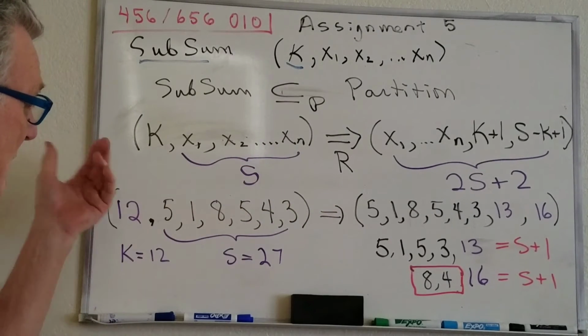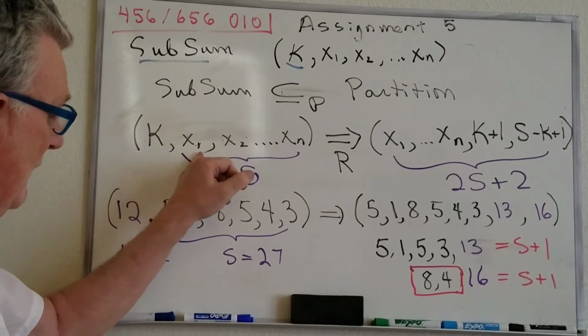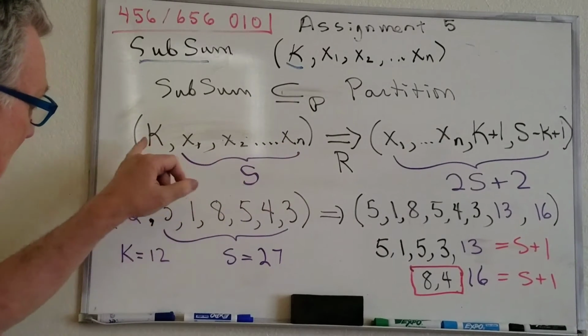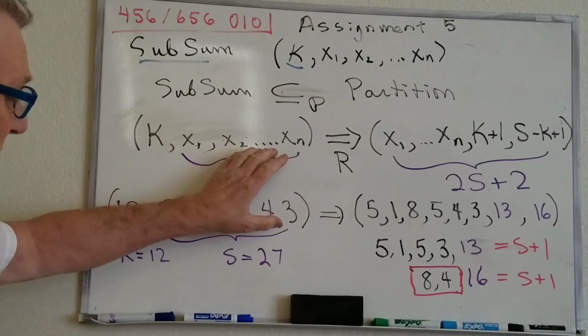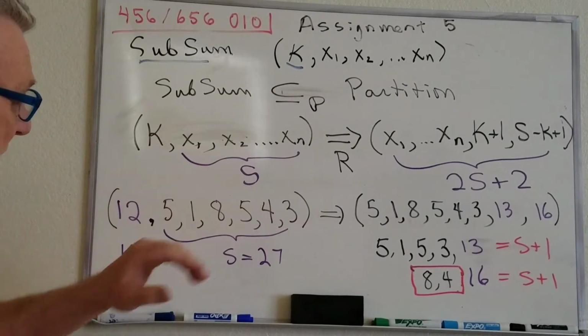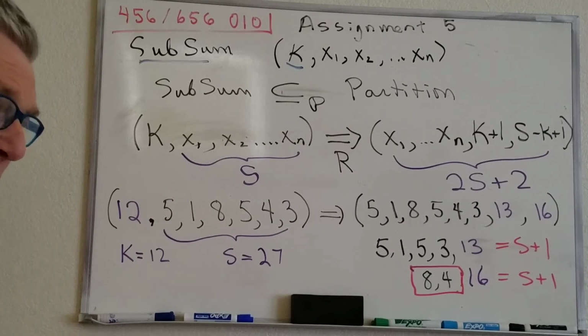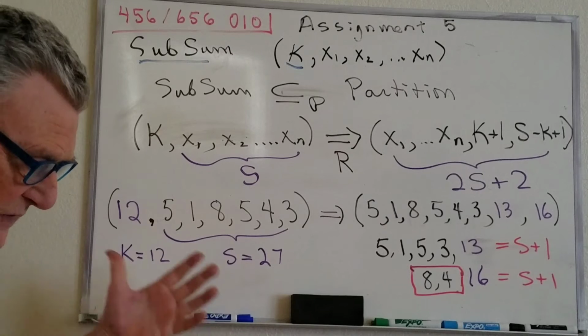Now the way it's usually phrased is you have objects of weights x1 through xn, and then a total, and you're trying to find a subset of those objects whose weight is the total. An example would be if you have a bunch of coins of various values, can you find a subset of coins whose total value is, shall we say, 50 cents?